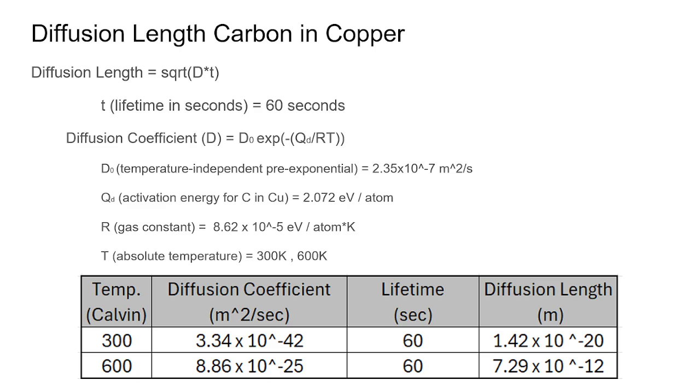Looking at the next row down, at a temperature of 600 Kelvin, the diffusion coefficient would be 8.86 times 10 to the negative 25 meters squared per second. Again, the lifetime would be 60 seconds, and plugging those into the diffusion length formula, you get an answer of 7.29 times 10 to the negative 12 meters.